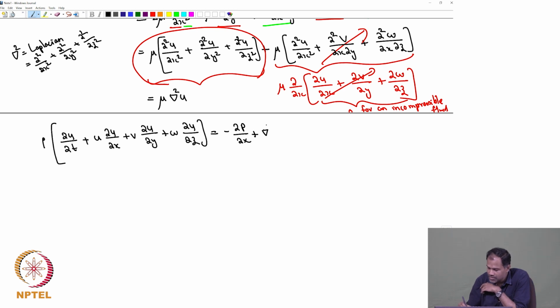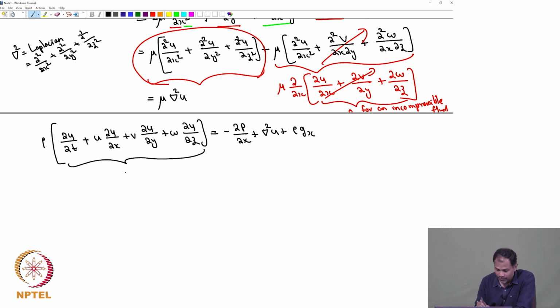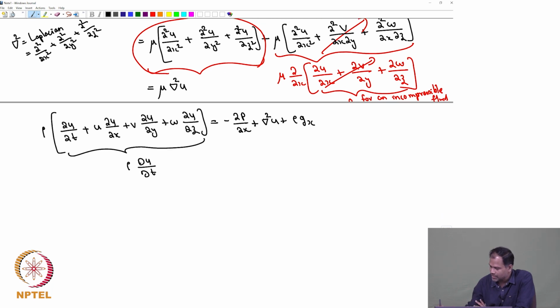So that is nothing but just μ∇²u plus ρg_x. Or if you like, you could also write your left hand side using your substantial derivative definition, which is ρ times Du/Dt. So that is one way to write it.